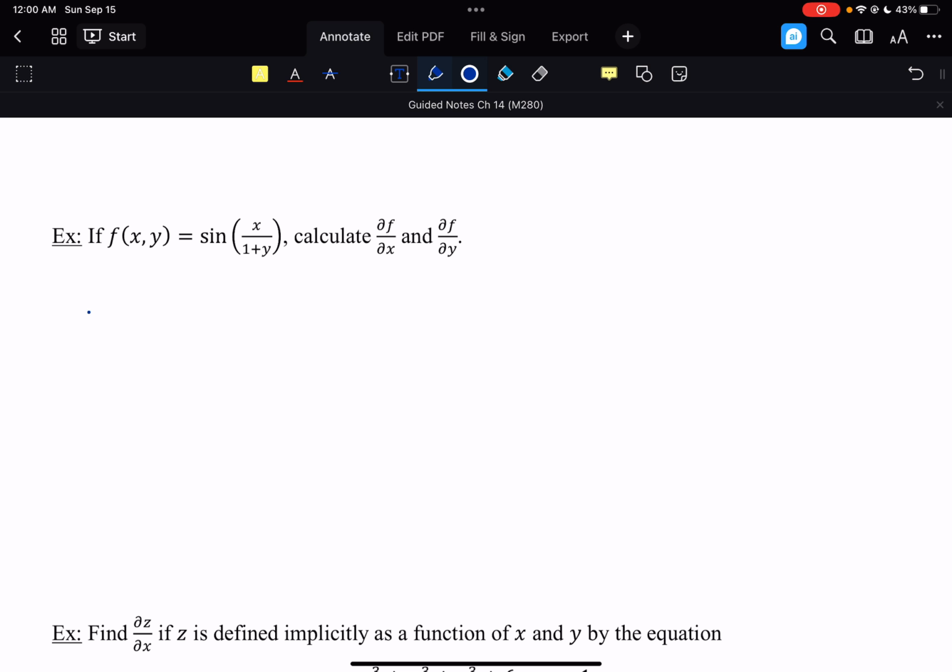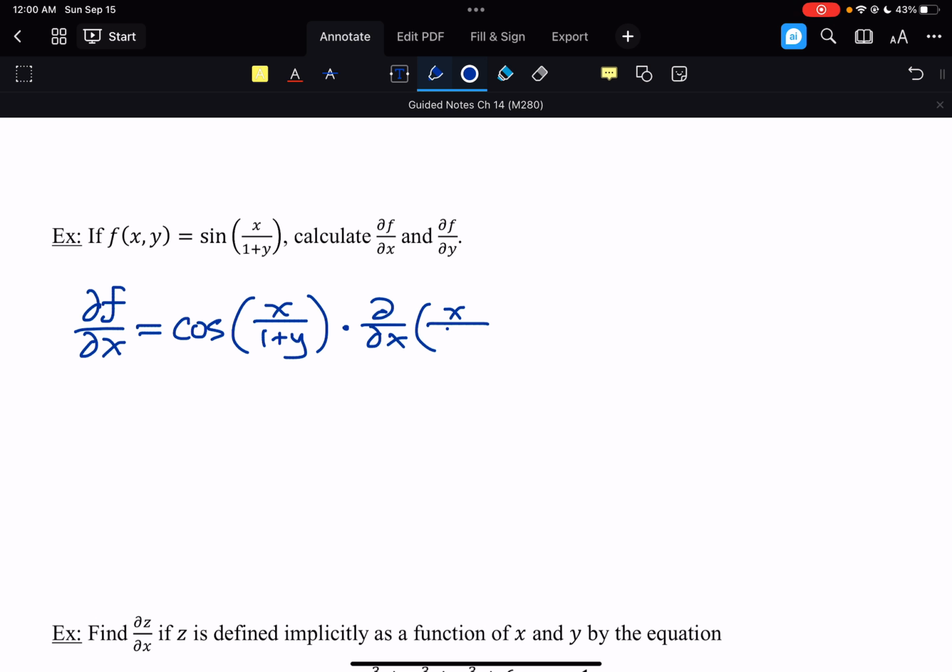So if we go ahead and take partial f with respect to x, we're going to take the derivative of the outside function first, so that's cosine, leave the inside alone, times the partial derivative with respect to x of the inside. So that's x over 1 plus y. So this is the chain rule, right?